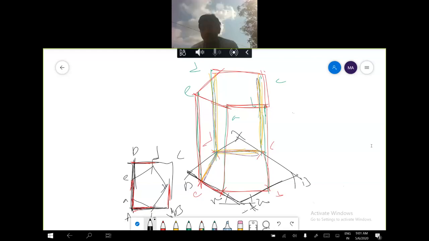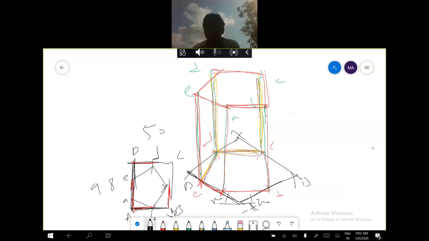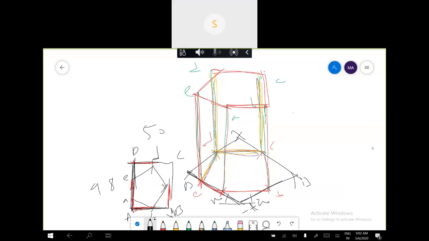Yes. 98. How much is AB? 50, sir. AB is 50. AD is 98 mm. AB is 50 and AD is 98 mm. 92 mm? 92 mm, sir.